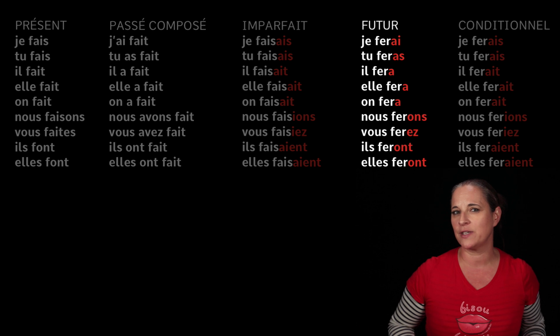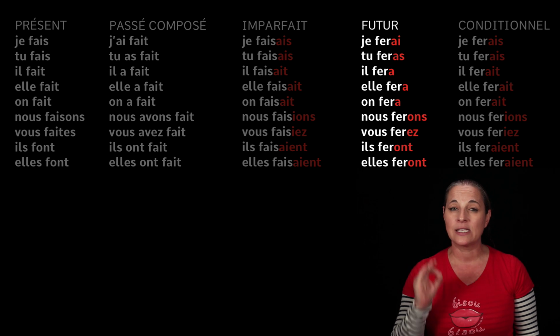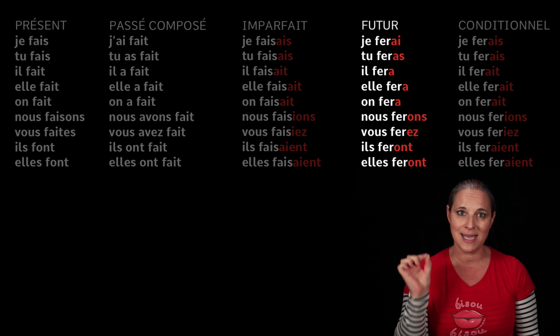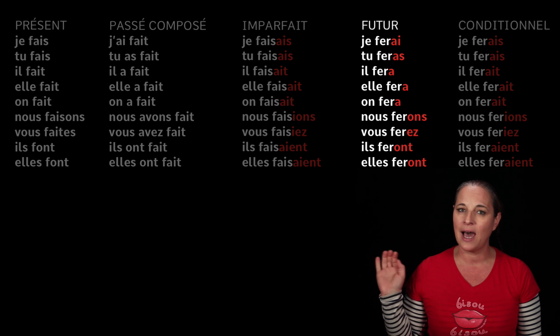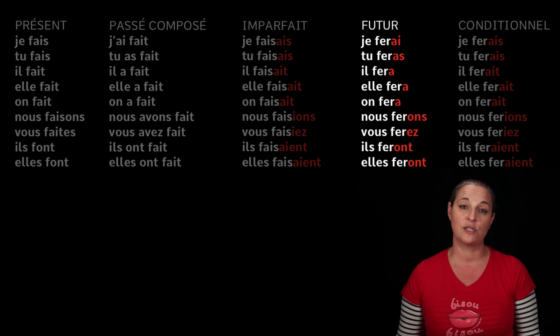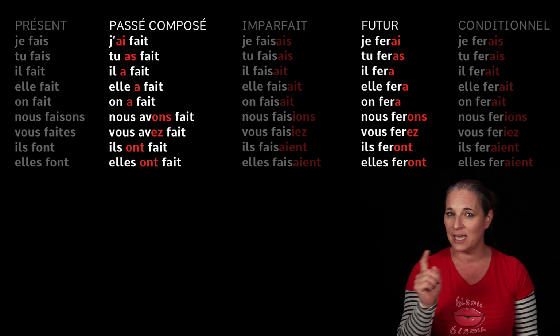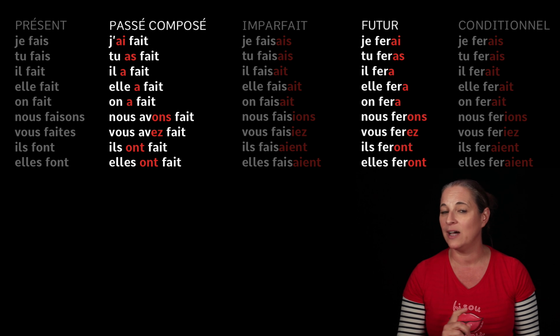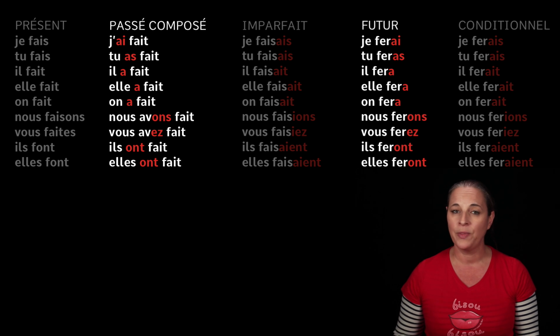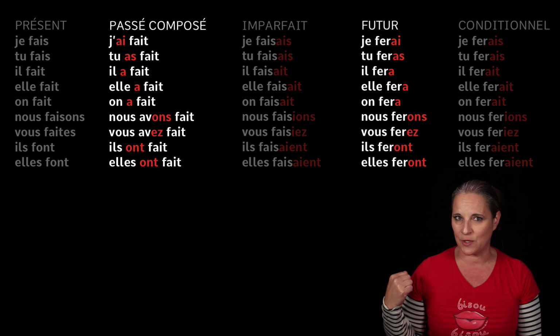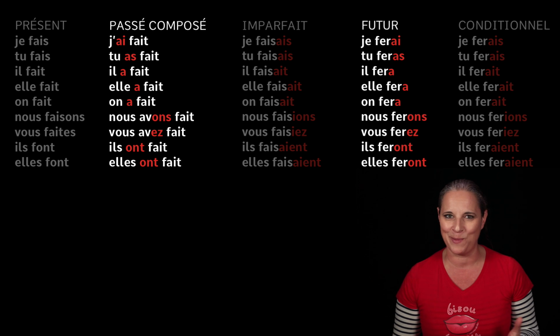Now remember, we don't have such a thing as will, okay? It's all about the stem and the endings, which are ai, as, a, ons, ez, ont, which by the way, if you look at the second column, passé composé, j'ai, tu as, il a, elle a, nous avons, ils ont, it's the same ending as the future tense. So you've got to be clever about that.